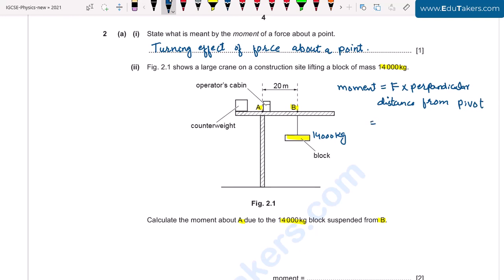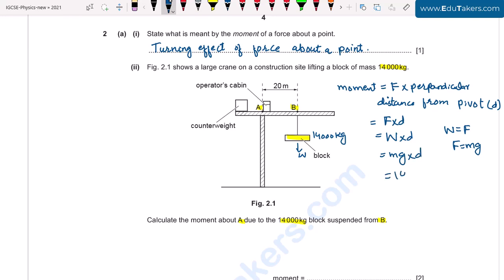So I write here F, I represent distance with D, so it will be equal to F cross D. But here we don't know the force. First of all, the block's weight is acting in downward direction, and in this case the weight is equal to force, and we know that weight is equal to the product of mass and acceleration due to gravity. That's why I write here force is equal to weight, so mg cross D.